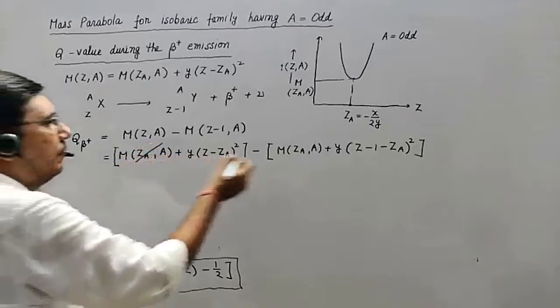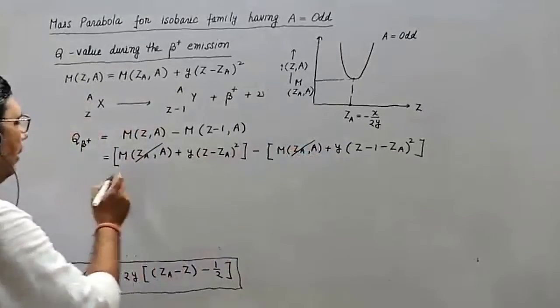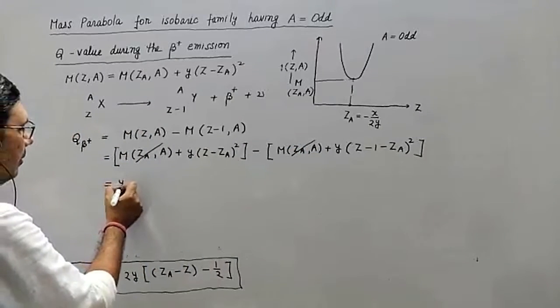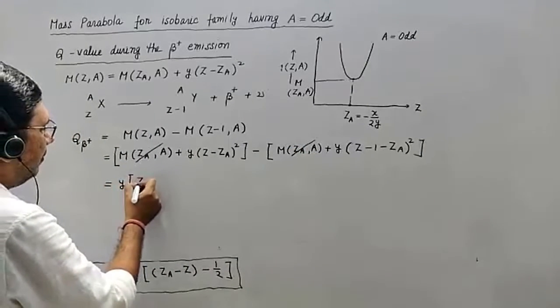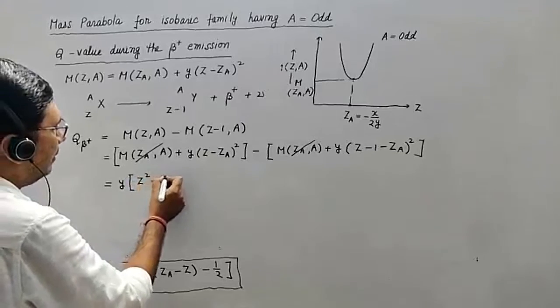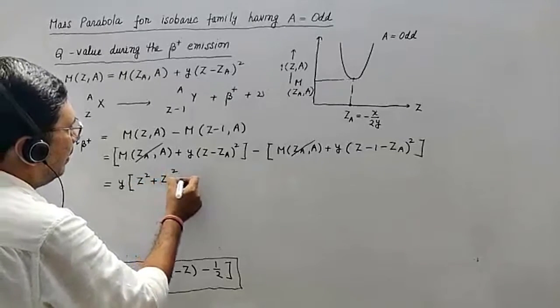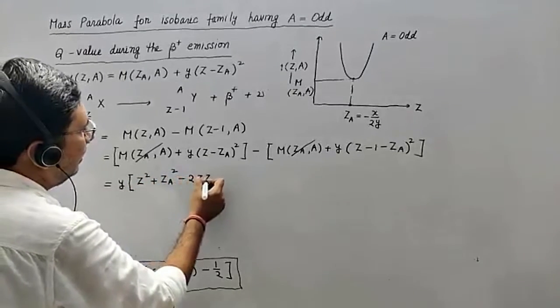So this term will cancel out by this term, and here Y will be common. This will become Z square plus ZA square minus 2 times Z ZA.